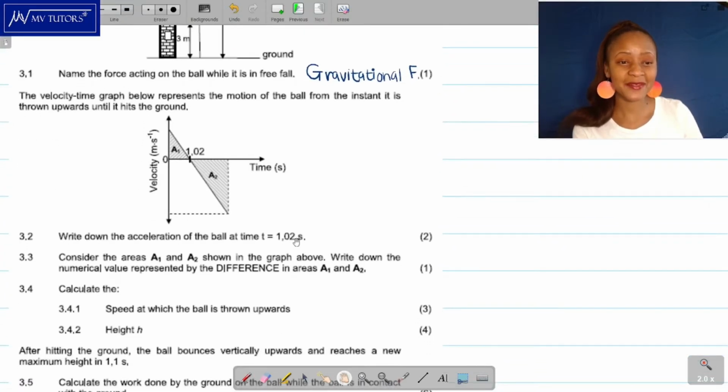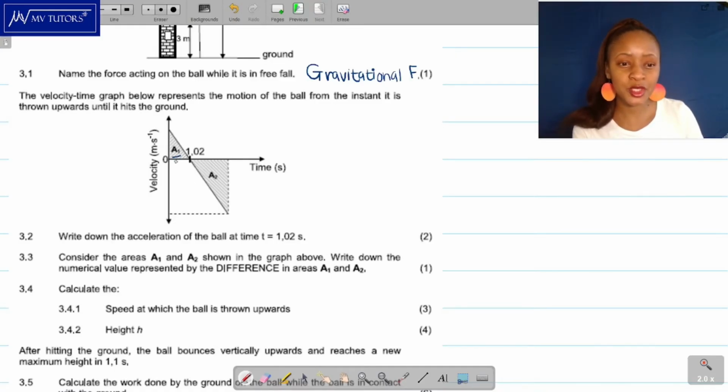So now we have a velocity time graph, and it represents the motion of the ball from the instant it is thrown upwards until it hits the ground. If you're given a velocity time graph, here's one thing you should know. The area, like here you've seen area 1, tells you about the displacement.